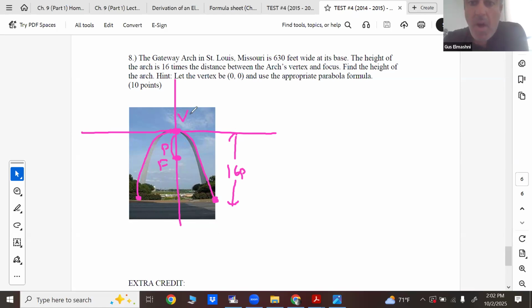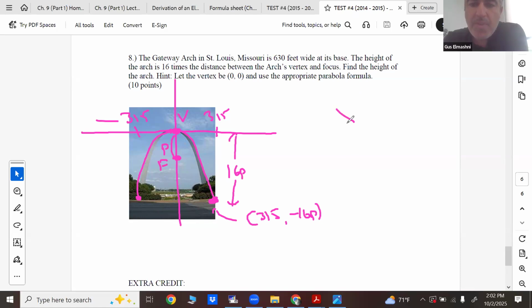And 630 feet wide. So what would I do for my x coordinates on the x-axis here? What would be the coordinates here? 315, comma negative 16p.